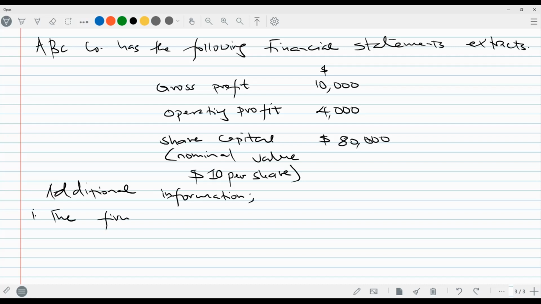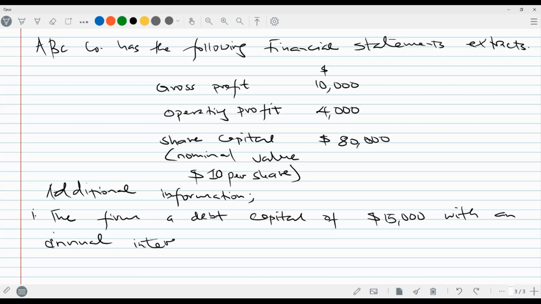The firm has debt capital with an annual interest rate of 10%.